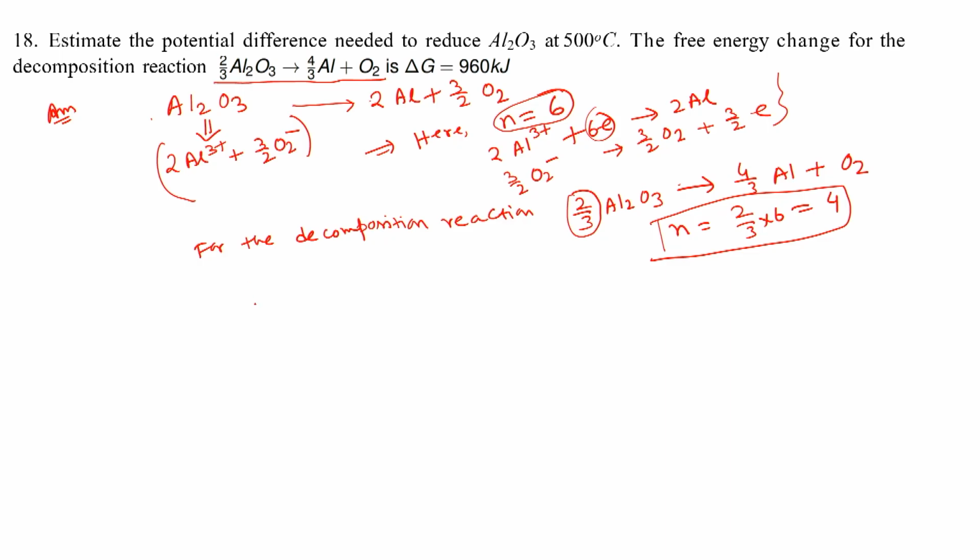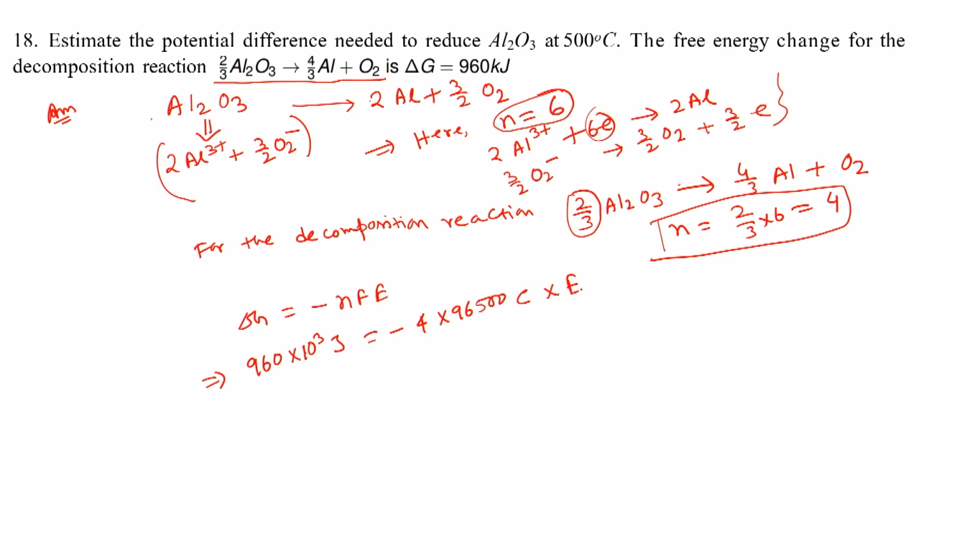So, delta G is minus nFE. So we need to calculate E. Delta G value is given, delta G is 960 kilojoules, so we need to convert it into joules, times 10 to the 3 joules, and n is 4 here, and F is 96,500 coulomb.